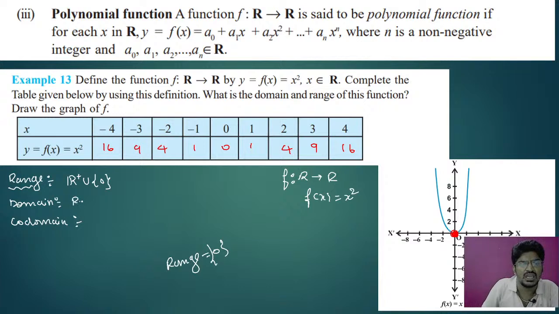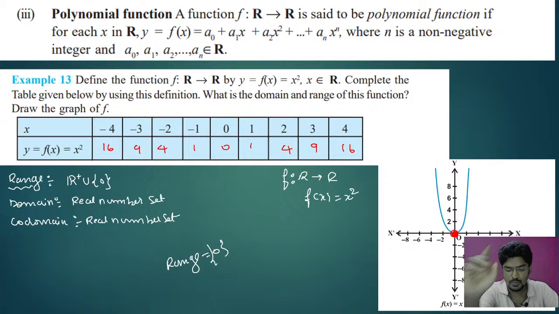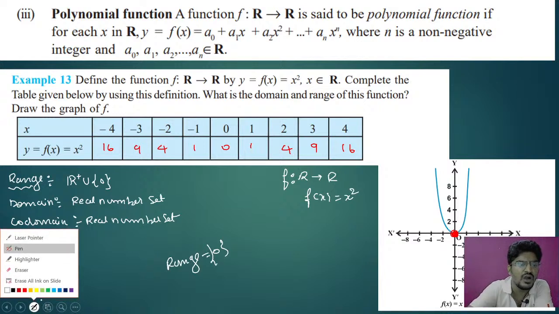The domain is the real number set, no problem. The codomain is the real number set, no problem. So now the range is the positive real numbers with the singleton set 0, because the collection of images is called the range.